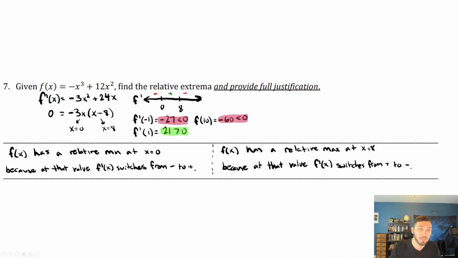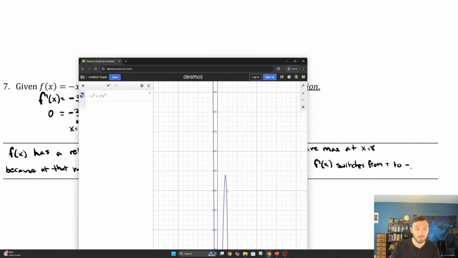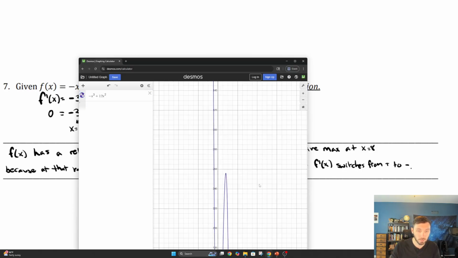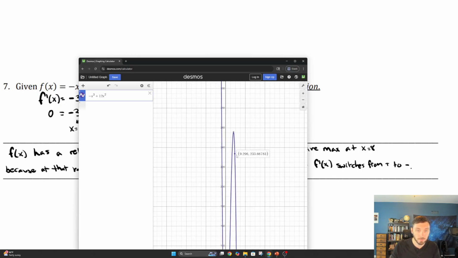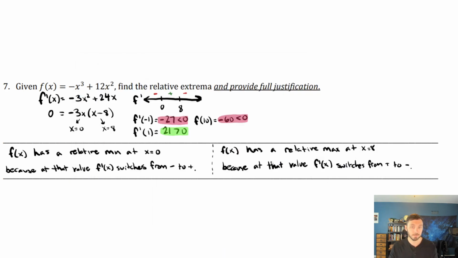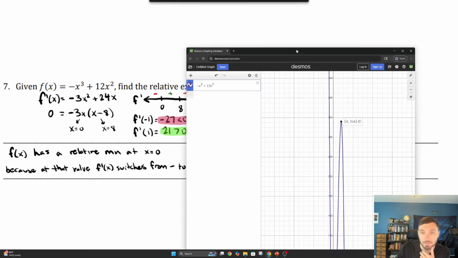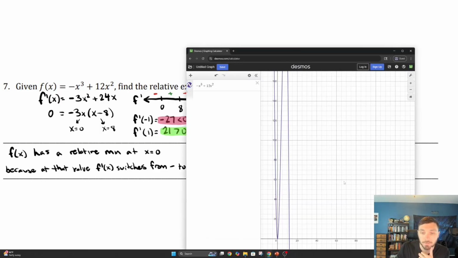And then likewise, looking at 8 now, going from a positive slope to a negative slope, that must be a max. Relative max, right? Because we do go higher over here and then we go lower over here.